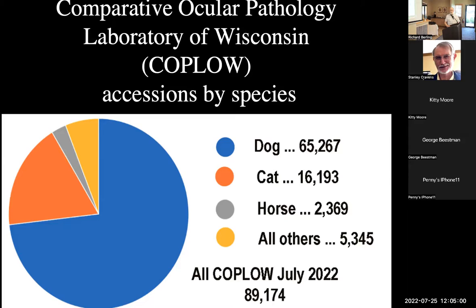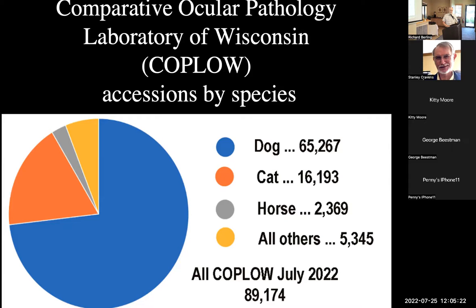The pie chart on the screen right now illustrates the species which we see most commonly. Our clients are veterinary ophthalmologists from around the country, and the specimens we receive largely are from the eye, most commonly globes, where there's been a medical decision to remove the eye.